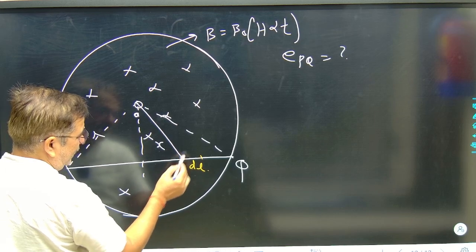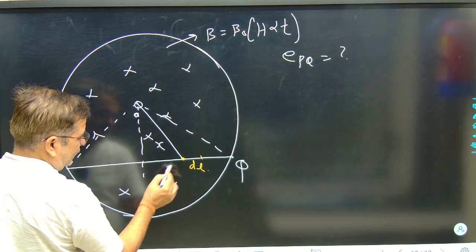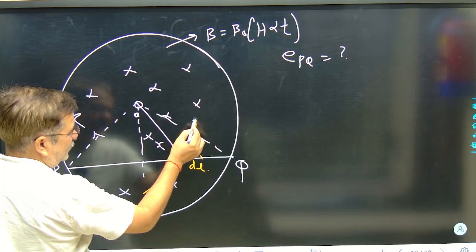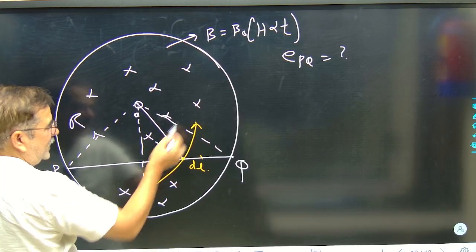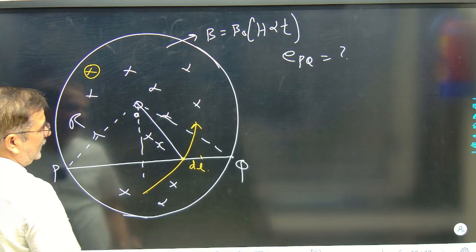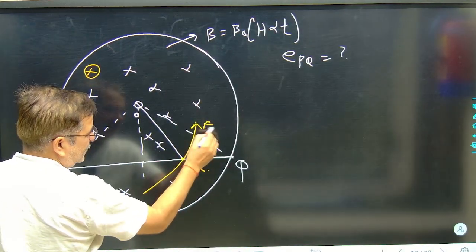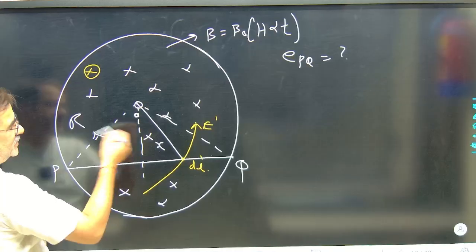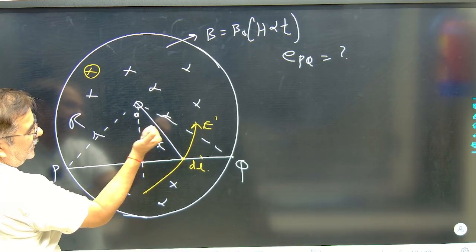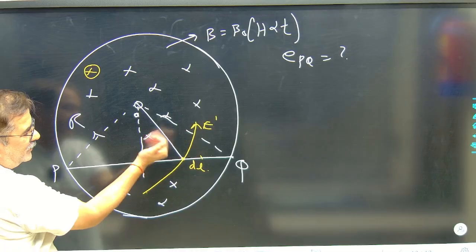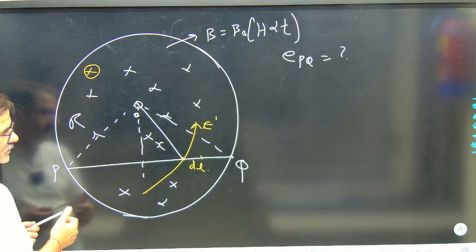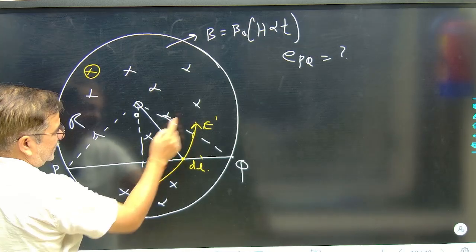The field lines are going like this, and the induced field lines will go this way, but these magnetic field lines are this, and this is the direction of induced field lines here. If it is changing with time, because the magnetic field is increasing with time in the forward direction, the induced field line will oppose and that will go outward. For that magnetic field, E dash will be this.